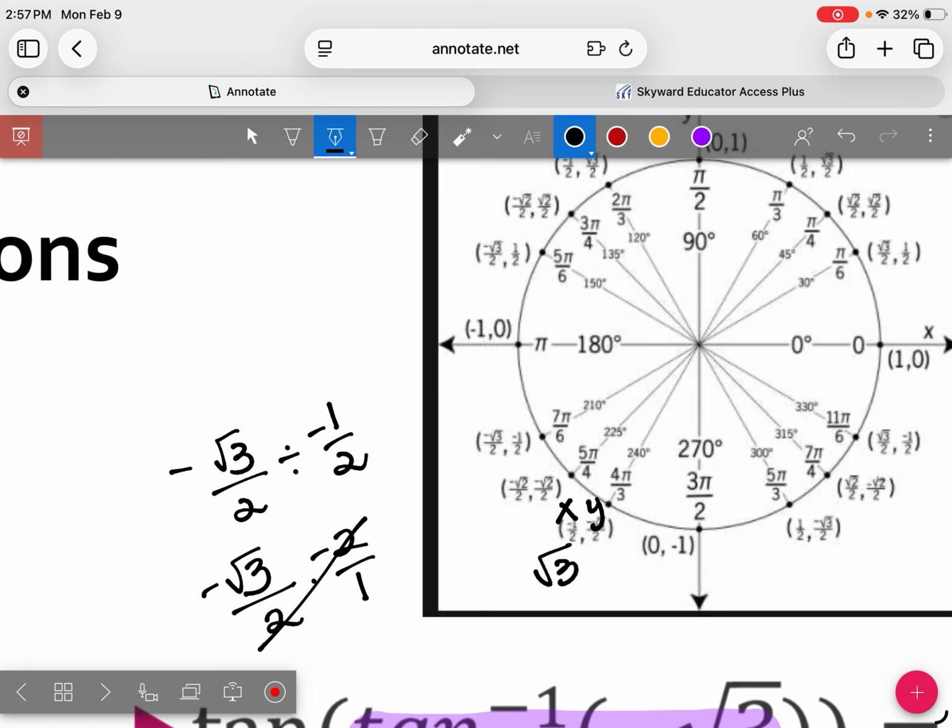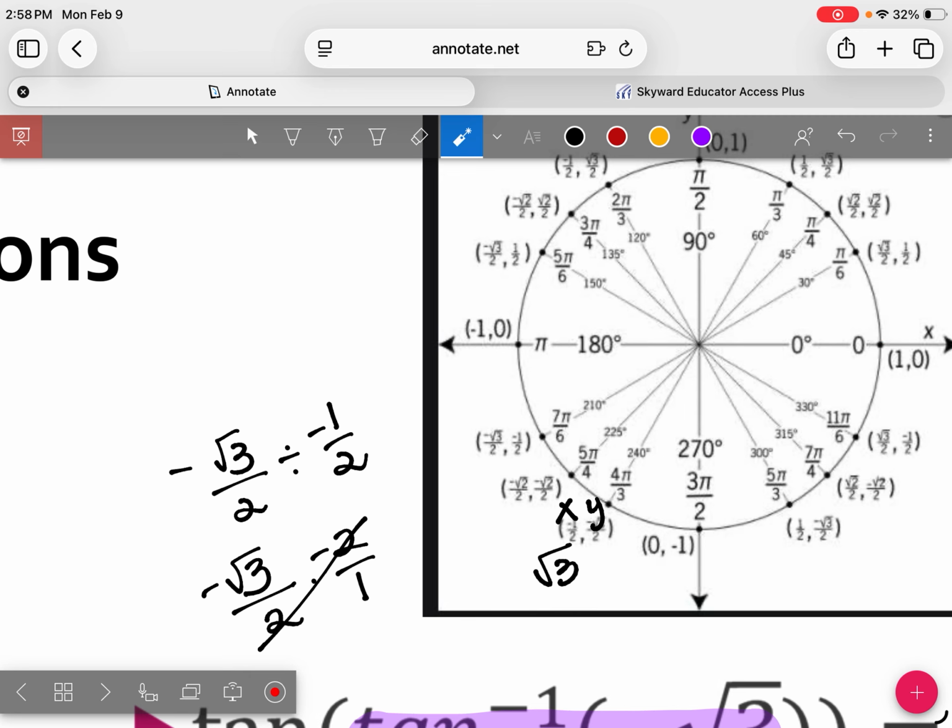So keep in mind the tangent is positive. That means the inverse that I'm looking for is going to be in quadrant 1, because this is where tangent is also positive. So what angle has a tangent of positive root 3?